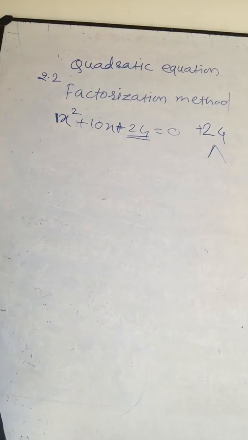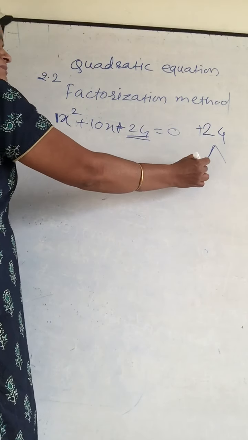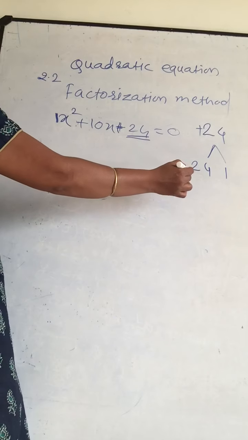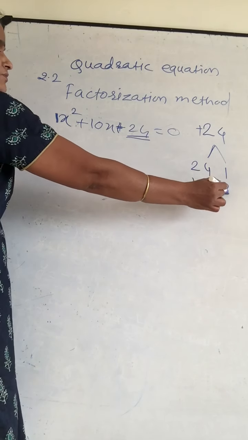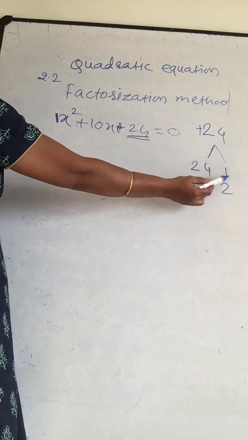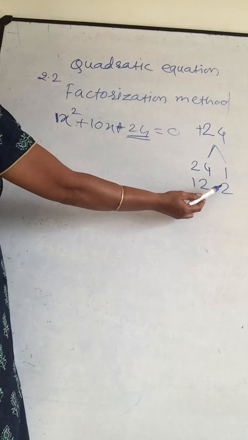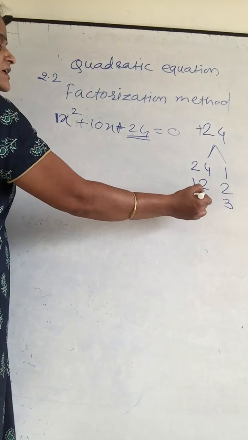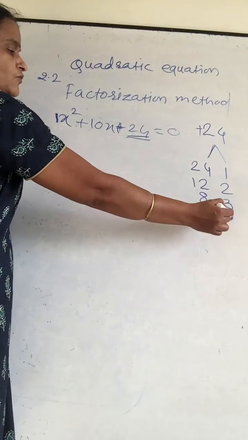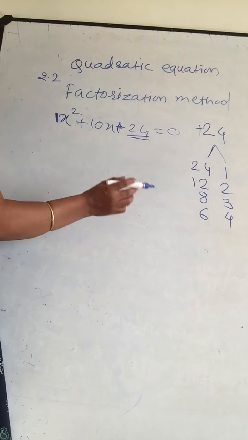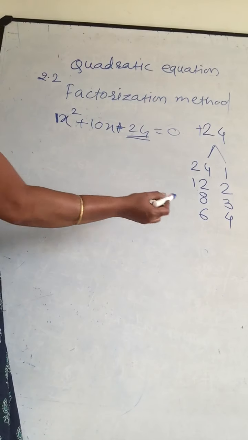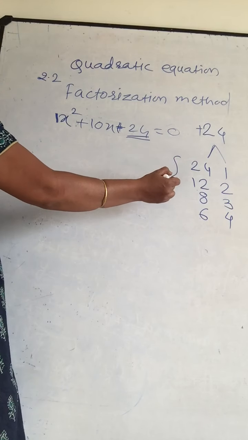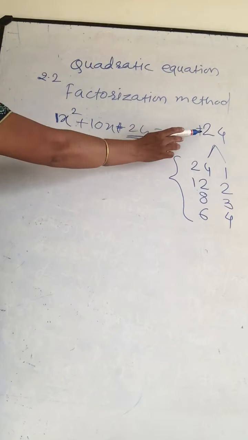So 24 factorizes as: 1 twenty-four is 24, 2 twelves are 24, 3 eights are 24, 4 sixes are 24. 5 does not have 24 in its table. 6 fours are 24, that means 6 fours and 4 sixes are the same thing. So these are the possible factors of 24.